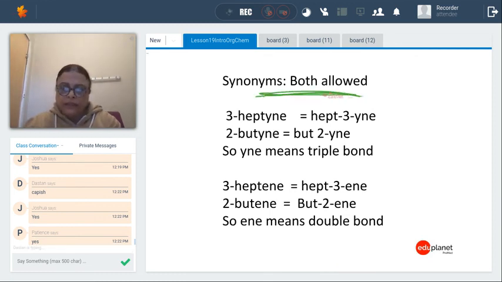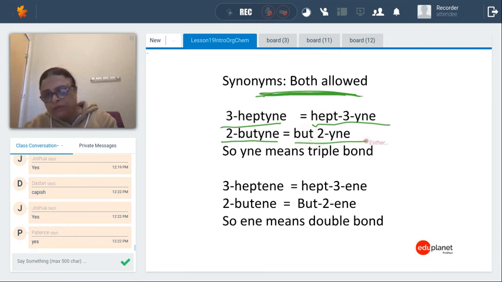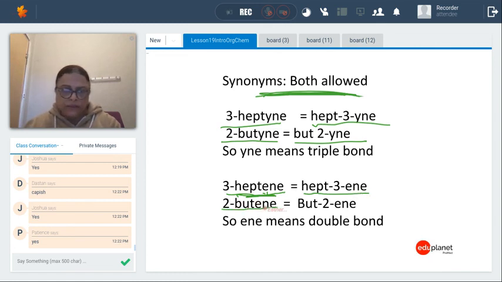So again, the synonym 3-heptyne is the same as hept-3-yne. 2-butyne is the same as but-2-yne. And the same thing holds for the alkenes. 3-heptene is the same as hept-3-ene. 2-butene is the same as but-2-ene. You see the similarities? Ene means one double bond. Yne means one triple bond.